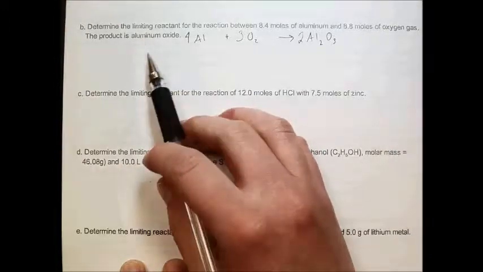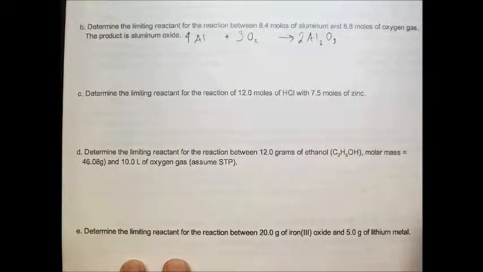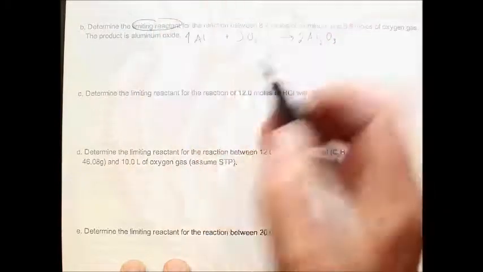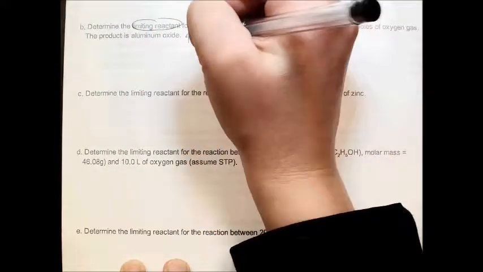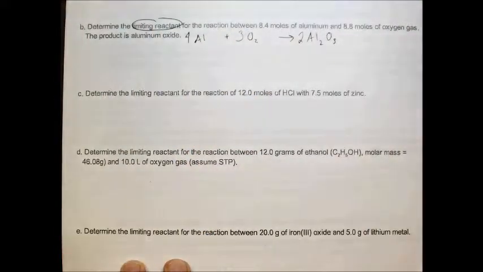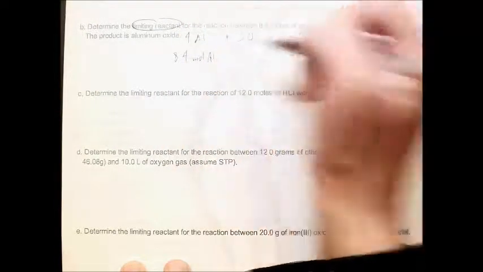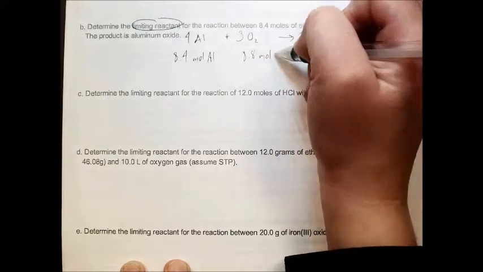If we're thinking about what the question asks us to solve, it wants you to find the limiting reactant. So is the aluminum the limiting reactant, or is it the oxygen? And we know that we have 8.4 moles of aluminum, and we have 8.8 moles of oxygen.